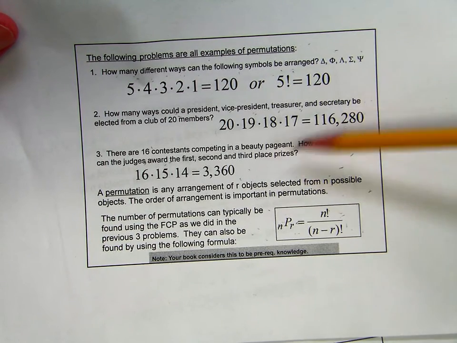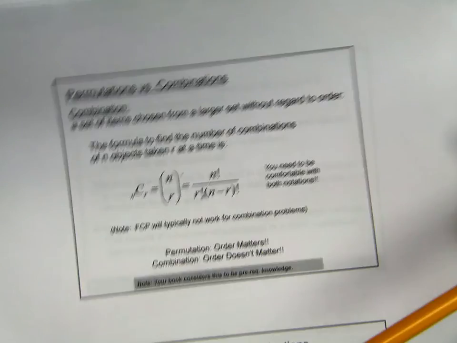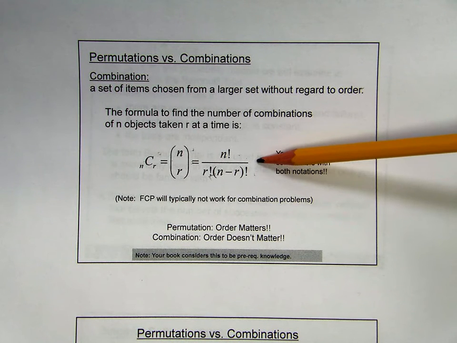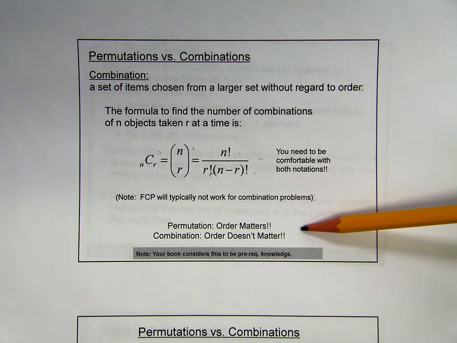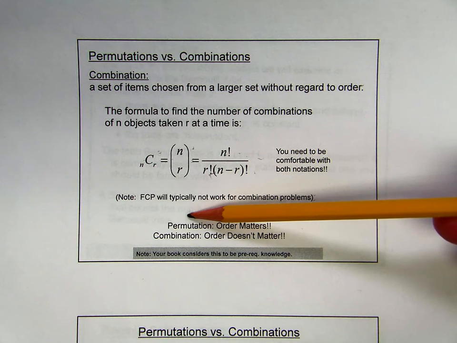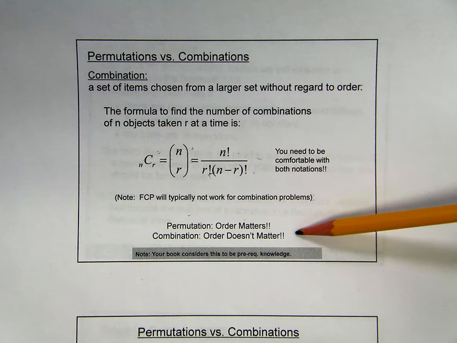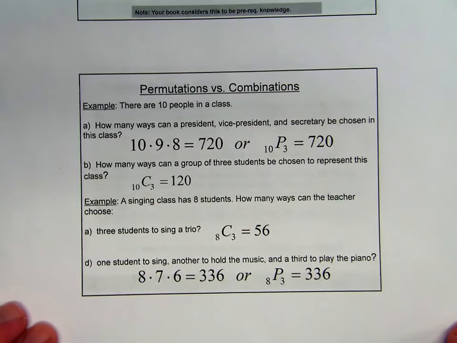Regular fundamental counting principle from like 7th grade works just fine. Combinations, typically the fundamental counting principle is not going to work. And last thing on this slide, wrapping this up, a permutation is a situation where order matters, and a combination is a situation where order doesn't matter. So, some comparing and contrasting.